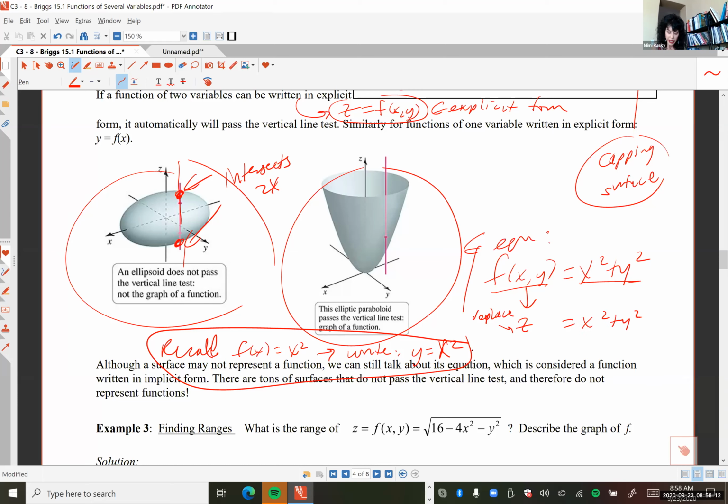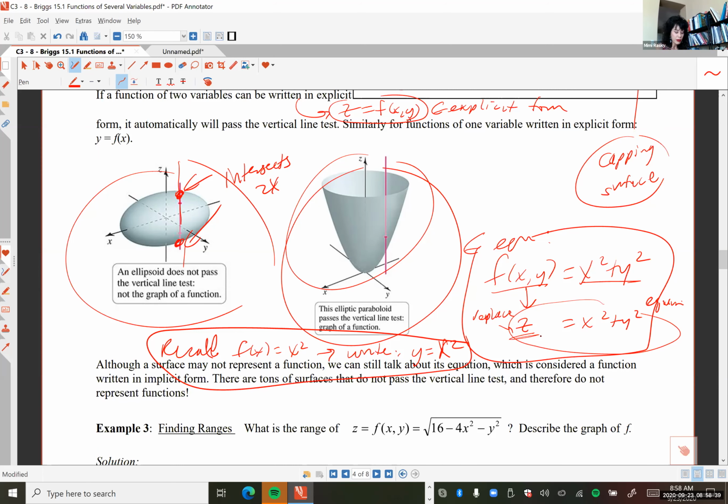They mean the same thing. These two equations are what we call equivalent. Which is better? They're both the same. Now sometimes you're going to want the z equals x squared plus y squared format, because you're going to have to get it into what we call implicit format. So this paraboloid is passing the vertical line test, and we can write it in explicit form where we isolate the z on one side.